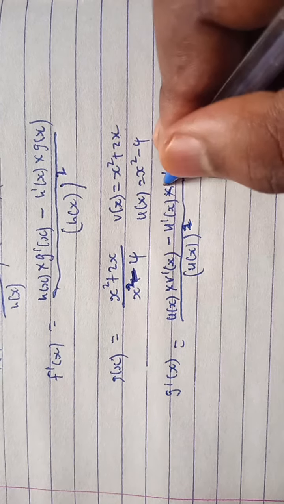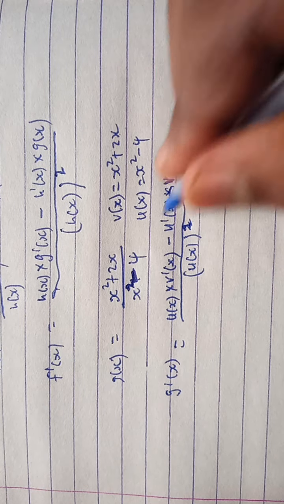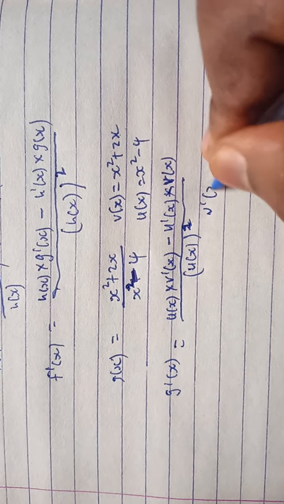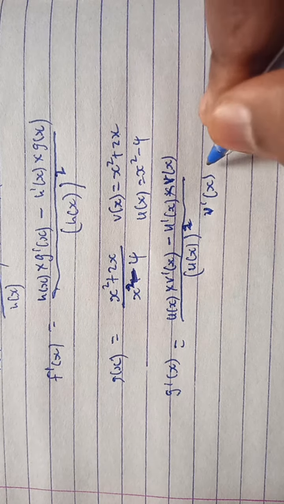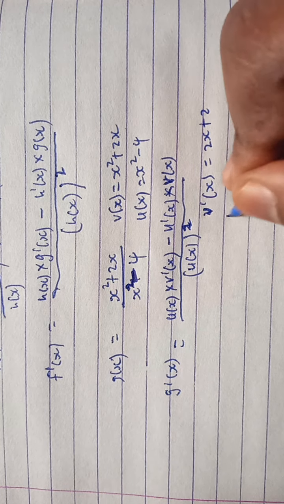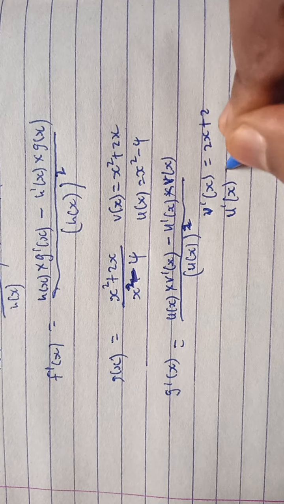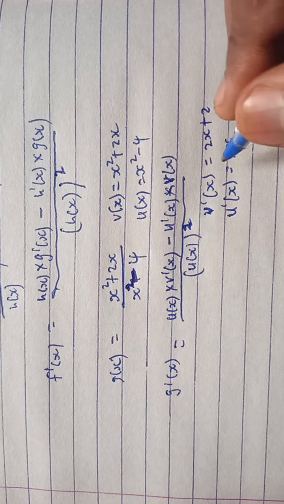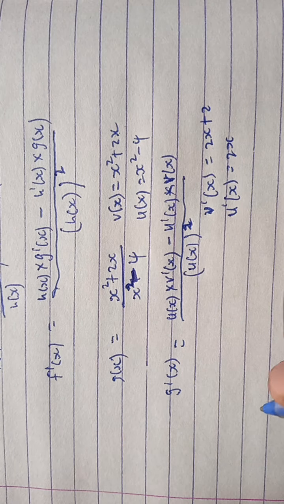So now what we will do is that we find the primes of this. v prime of x will be equal to 2x plus 2, and then u prime of x will be equal to 2x. So guys, have you seen that? We quickly substitute them here.